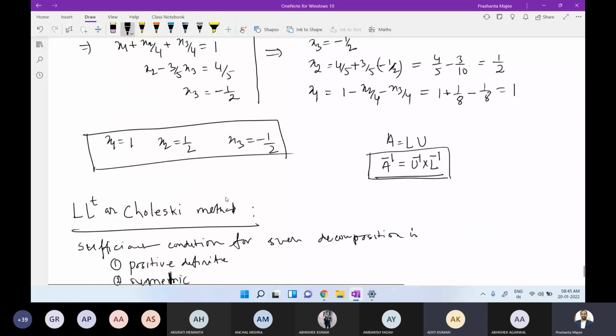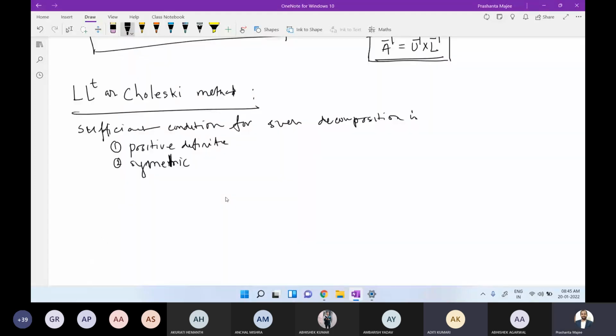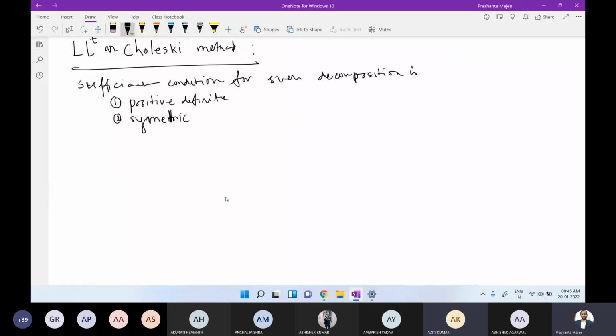So here in LL transpose, let us consider one system and try to understand it. So let us first explore the method for a 3 cross 3 matrix. Example part you can do yourself. Why does the matrix have to be positive definite? Why does the matrix have to be symmetric?